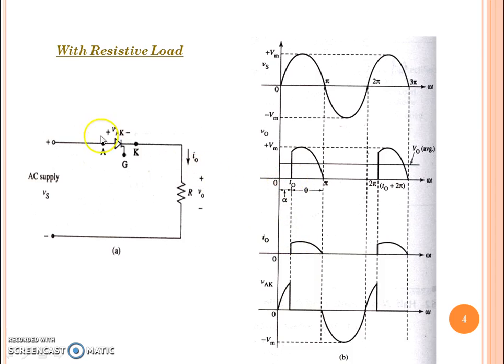Once conduction starts, we have the voltage shown in the figure, that is VAK. It continues for the next cycle. Whenever we apply the negative half cycle, this thyristor switch is reverse biased, so we don't have any conduction, so from pi to 2 pi the output voltage is 0. It is shown in the waveform.